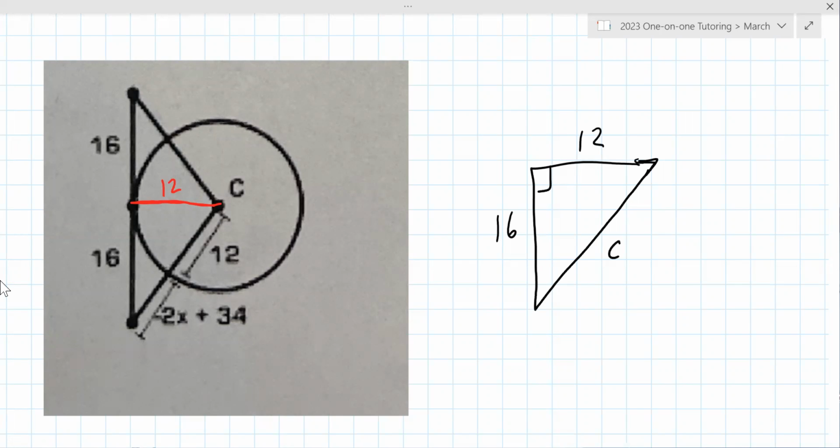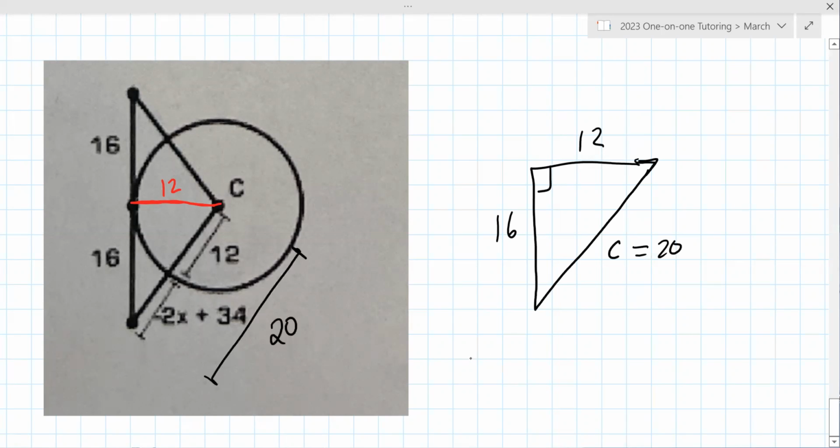Square root of 400 is 20. So C is 20. Yes.